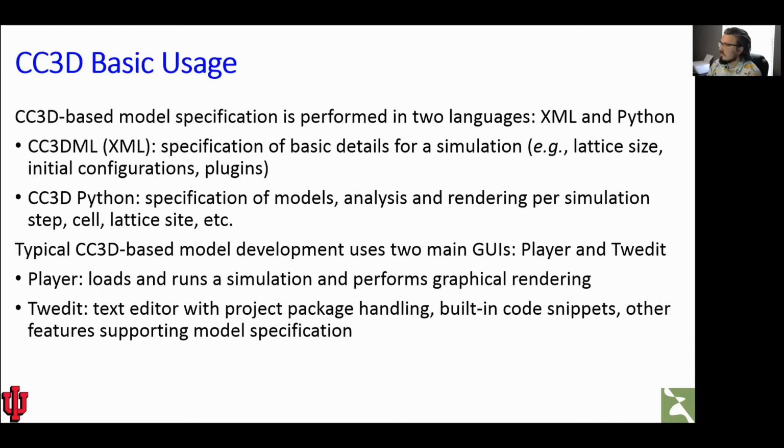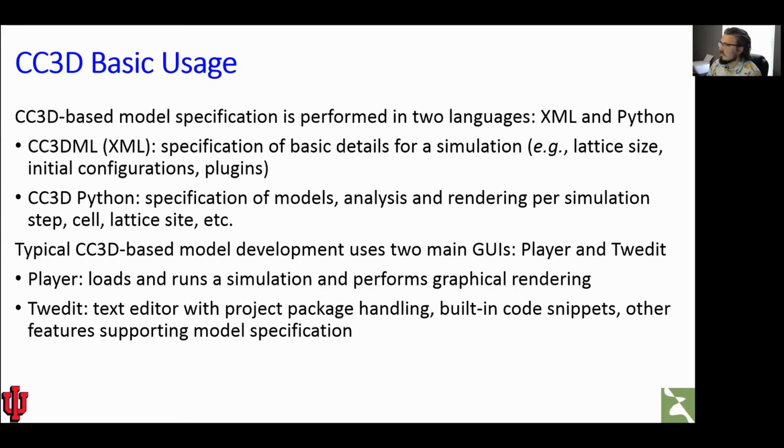And then secondly, we do lots of more detailed model specification for CC3D based models using Python. This is for doing model events, model specification, and simulation analysis at a very fine level, at the level of individual simulation steps, doing analysis at individual sites in a lattice, describing interactions between individual cells at specific moments in simulation.